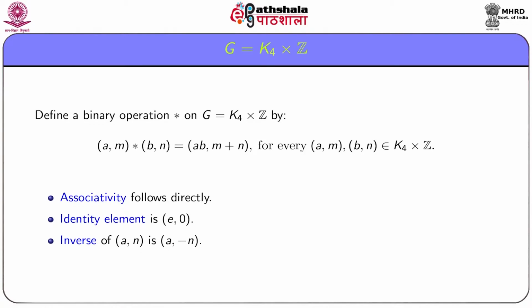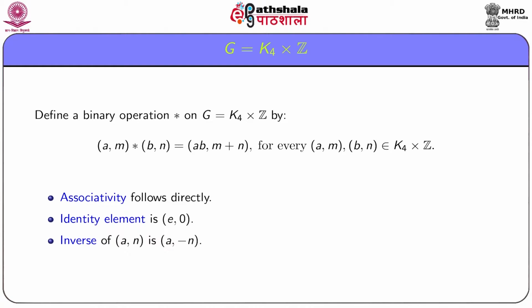As you know, every element of K4 is of order 2, so the inverse of a is a and the inverse of n is minus n. Thus, the inverse of the pair (a, n) in G with respect to the binary operation star is the pair (a, minus n).